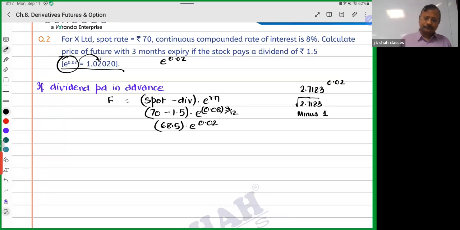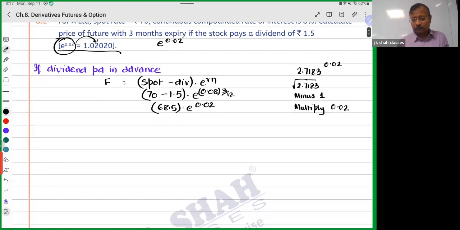Minus 1. Then whatever number is on the screen, multiply with the power, in this case being 0.02. Then plus 1, and press into equal to 12 times.